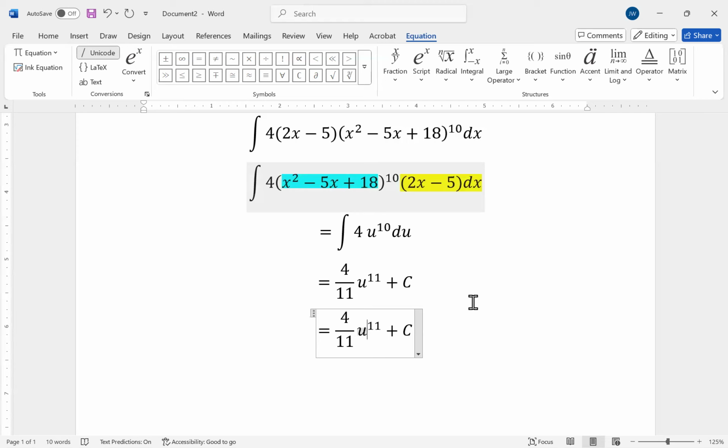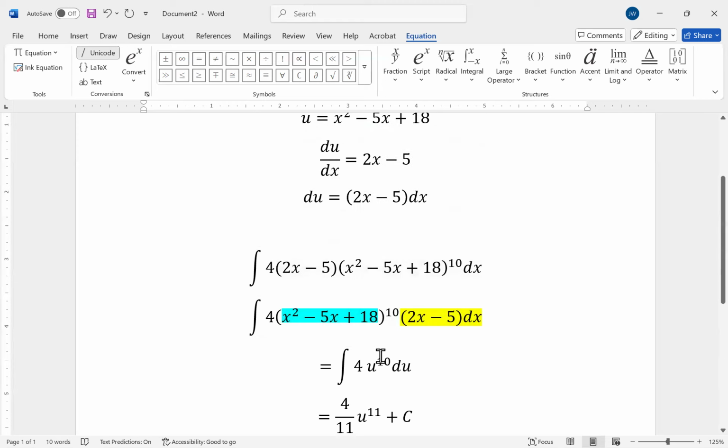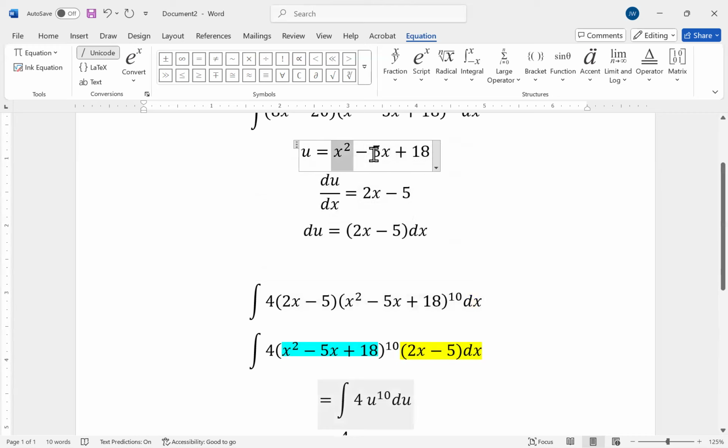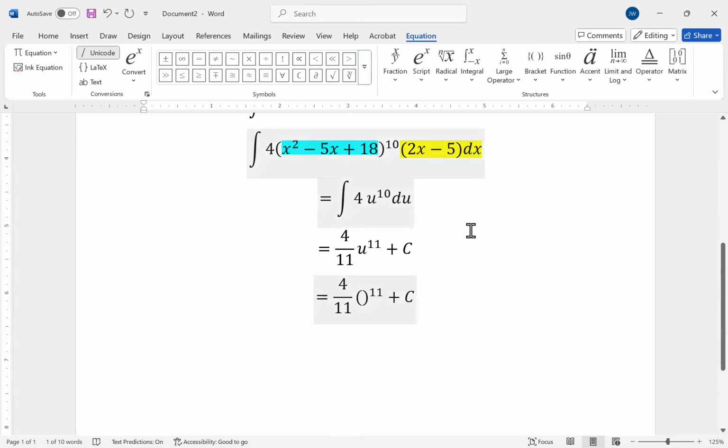And then I can replace the u, because my original integration was done with respect to x. I'll replace that u with my original substitution of x squared minus 5x plus 18.